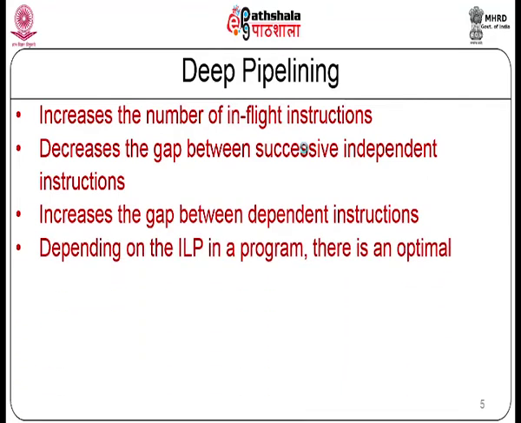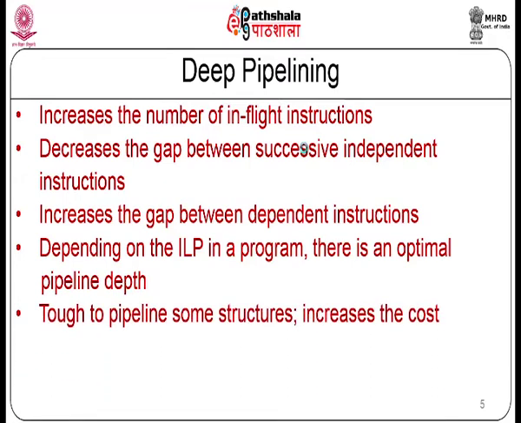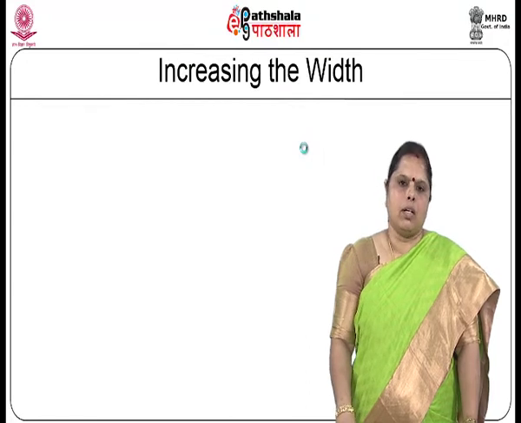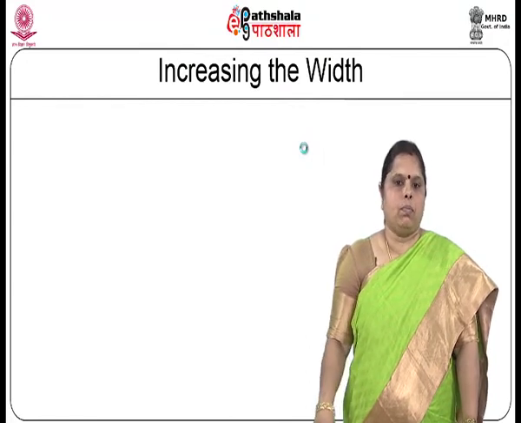But depending upon the ILP in the program, there is an optimal pipeline depth. You can't have too few stages in the pipeline, and you can also not think of too many stages. So, there is an optimal pipeline depth that you will have to look at, and it is also tough to pipeline some structures. It increases the cost of bypassing. So, these are some of the characteristics of increasing the depth of the pipeline.